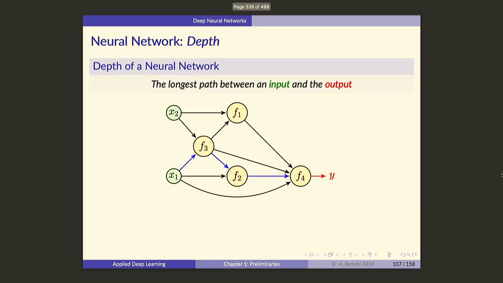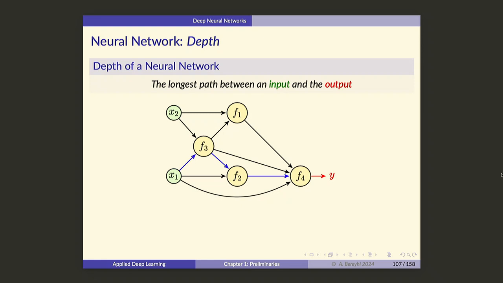Look at this one. What is the depth? 3, exactly. The longest path is the one I showed in blue. Of course, you could have other long paths, like x1 to f3 to f1 to f4. This is again 3. But you also have paths with length 2, like x2 to f1, f1 to f4. So the longest path is your depth.